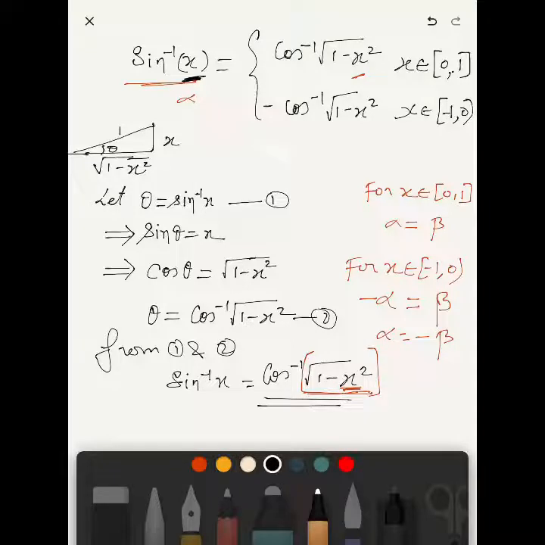I hope it's clear, the alpha beta concept, isn't it? We will take the left function as alpha and the right function as beta, and we will use type 1 to verify it.